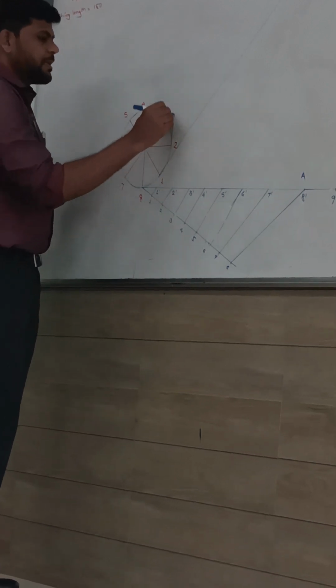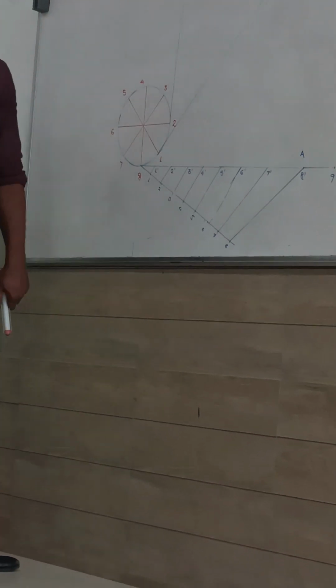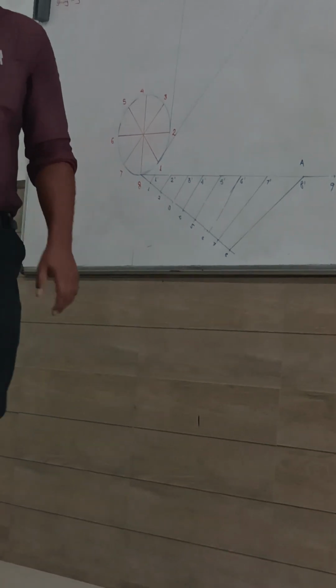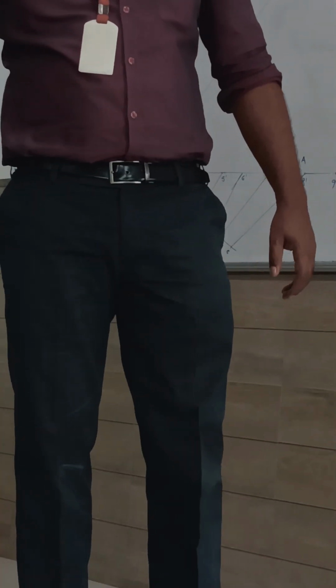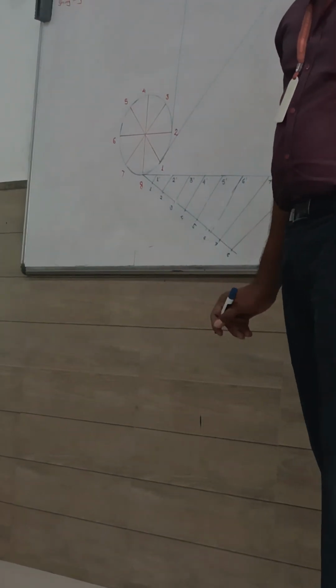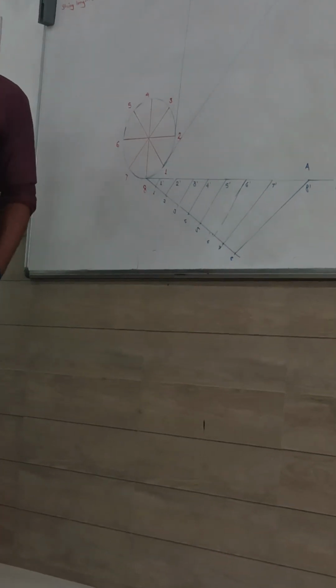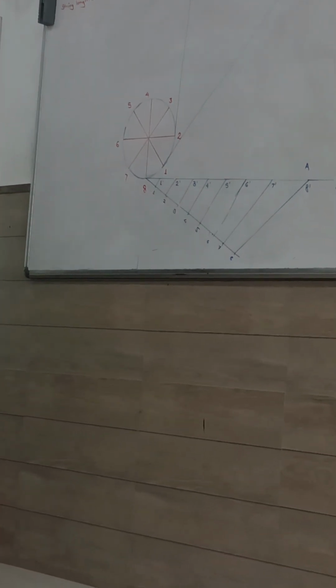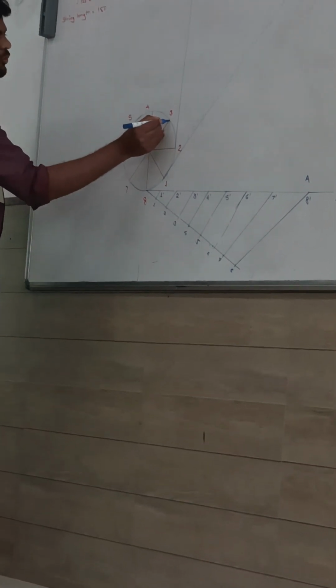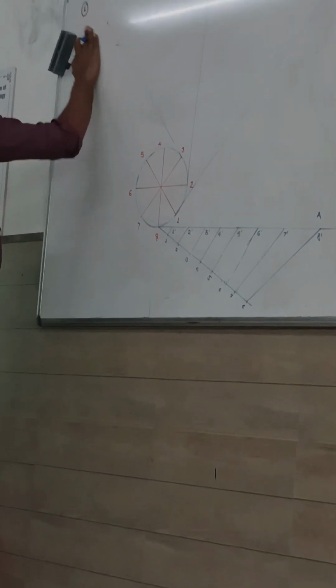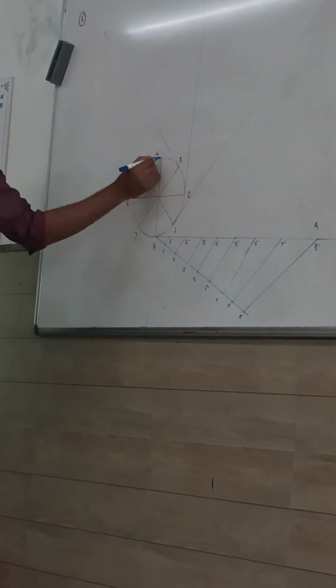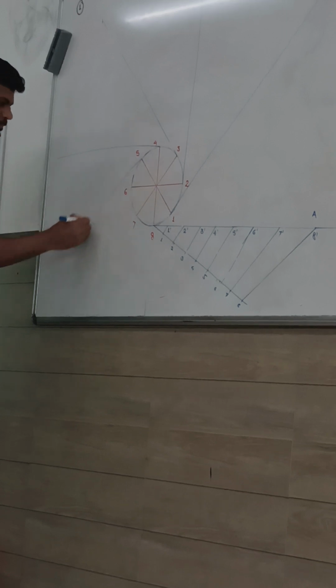So this is the method, a shortcut for drawing perpendicular lines in case of the involute. Or you can use any other method if you have. Directly protractor रख के draw कर सकते हैं. Don't draw it freehand.